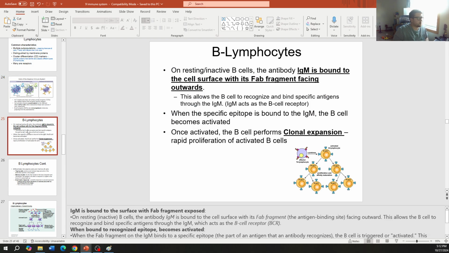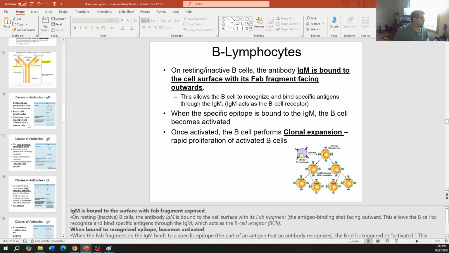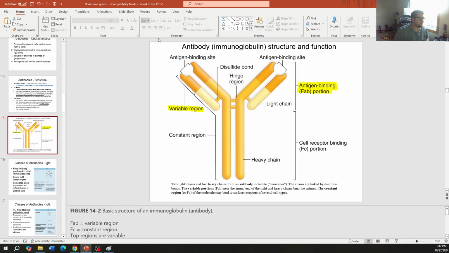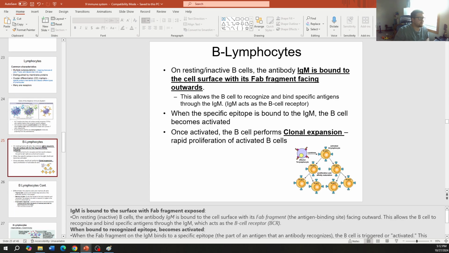So starting with our B lymphocytes, here are the things we want to start associating. On our resting or inactive B cells, the IgM antibody is bound to the cell surface with the Fab fragment facing outwards. Just like we see here, it's facing outwards, looking for antigens to bind to activate it.